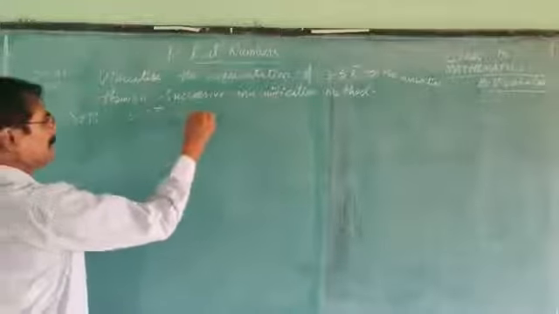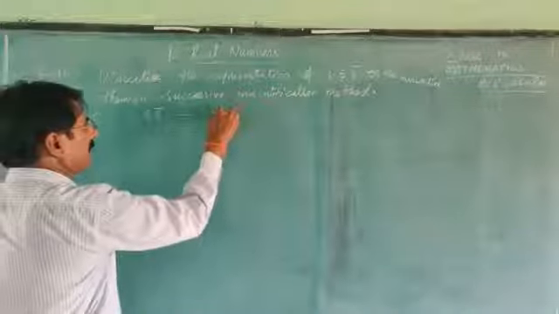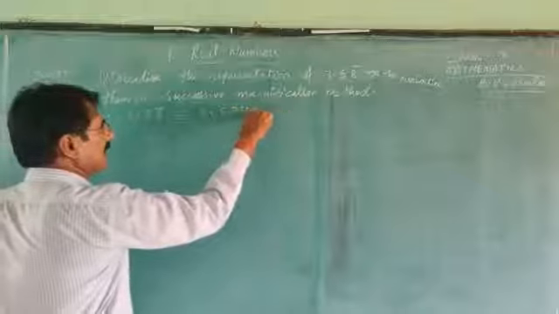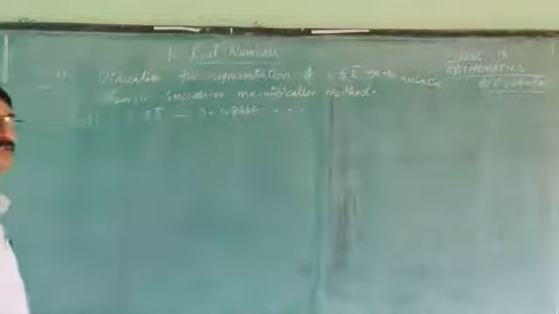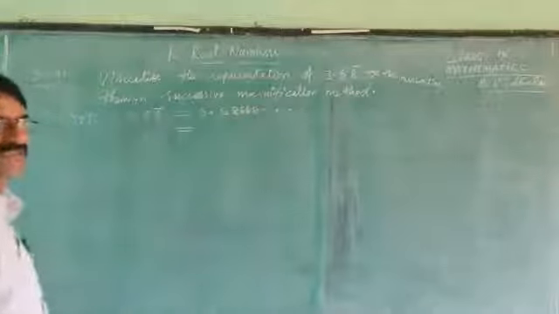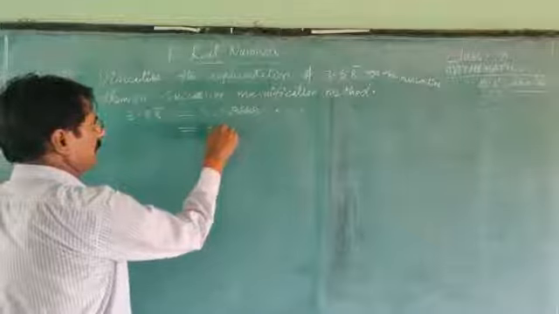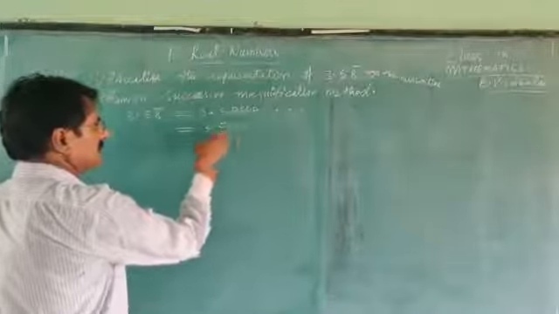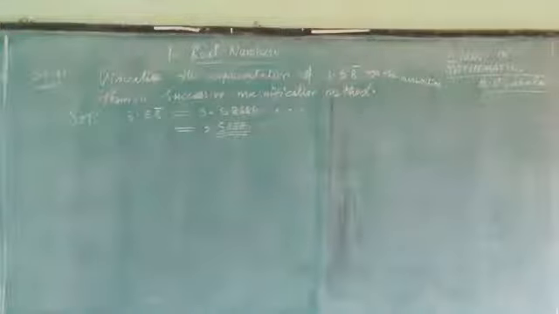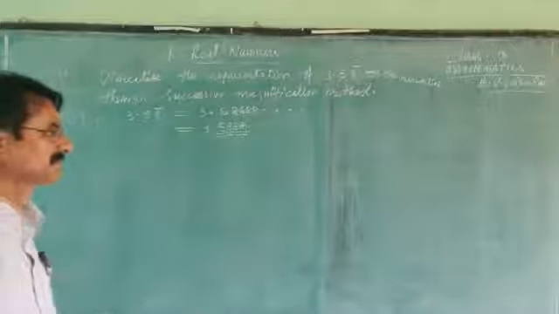After removing the bar, we get 3.588 and so on. So we show this up to 3 or 4 decimal places on the number line. Just we are going to show this one up to 4 decimal places.